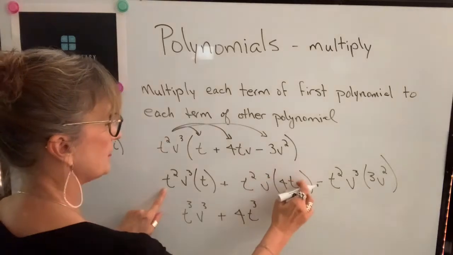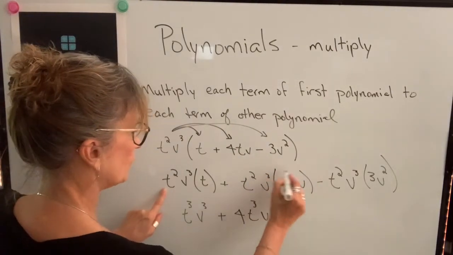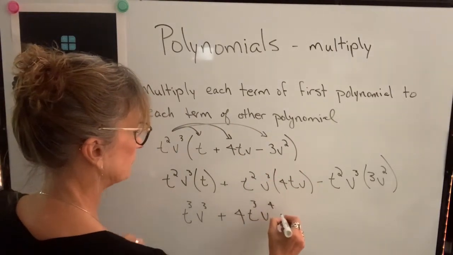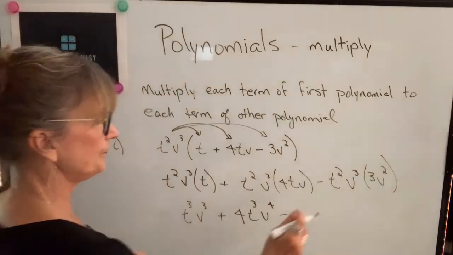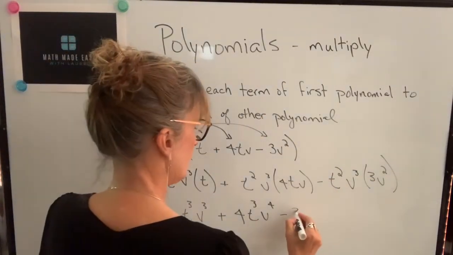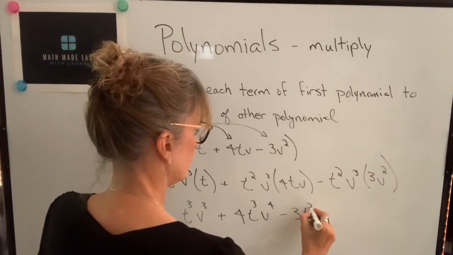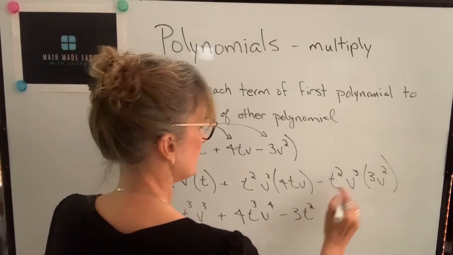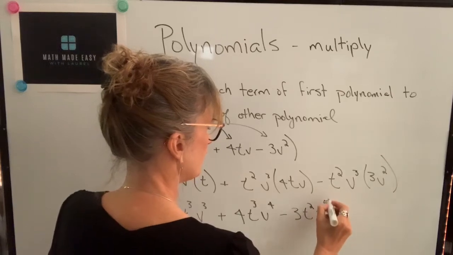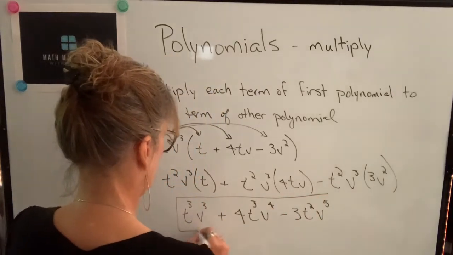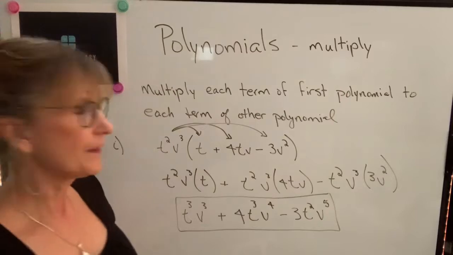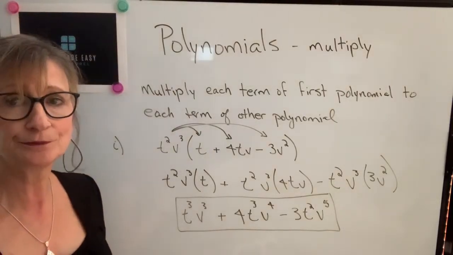V cubed times v to the 1 is v to the 3 plus 1, which is v to the 4th power. The last term, 3 times 1 is 3. T squared, there's no t's to multiply to. And I have v cubed times v squared. I add the exponents, so v to the 5th. That's how we multiply in that example.